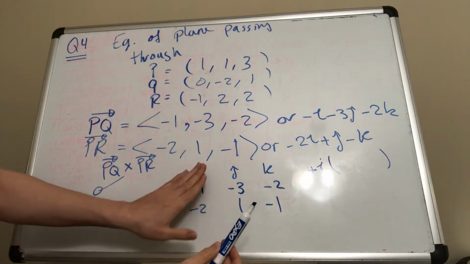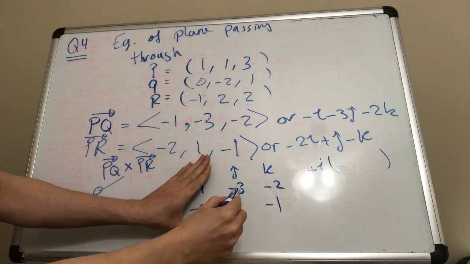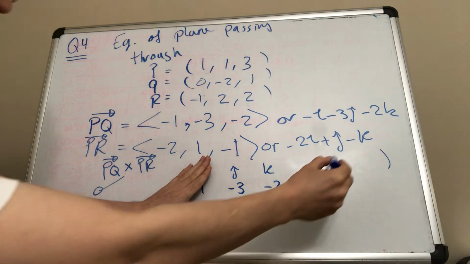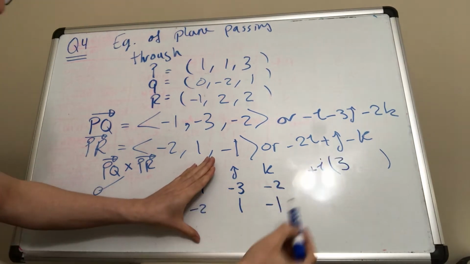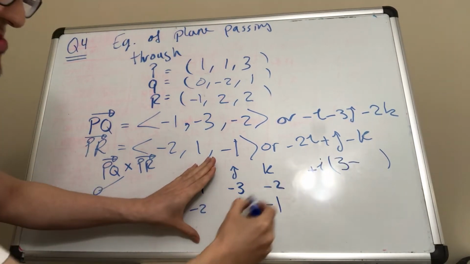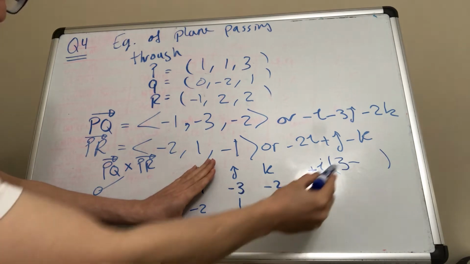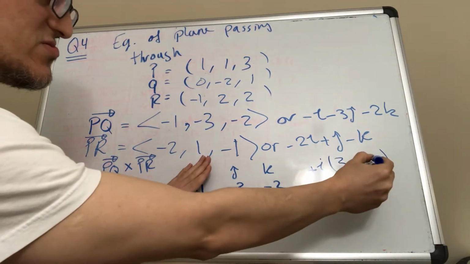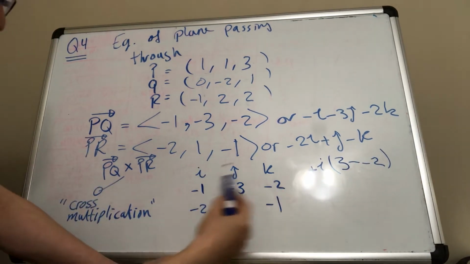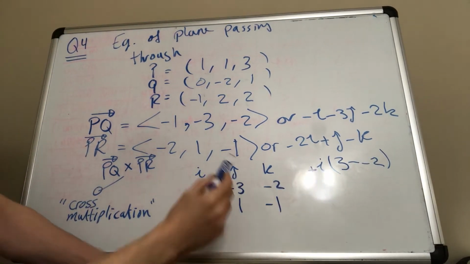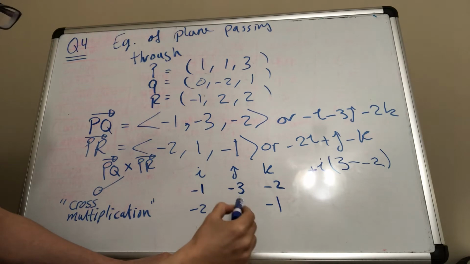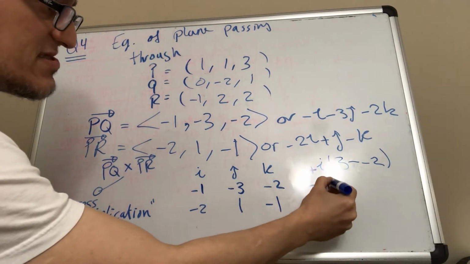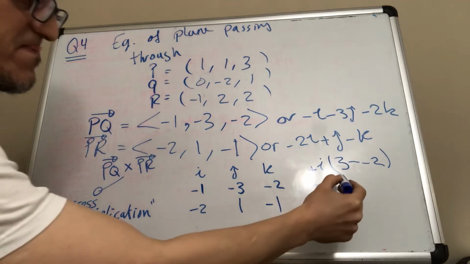If you're doing i, you hide the i, and you go this times this, -3 times -1 is 3, minus, and you go this times this, and this times this is -2. So you start with i positive, and you go this times this, minus this times this. You go j, but now j comes negative.